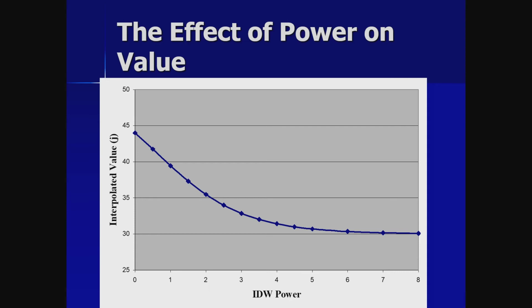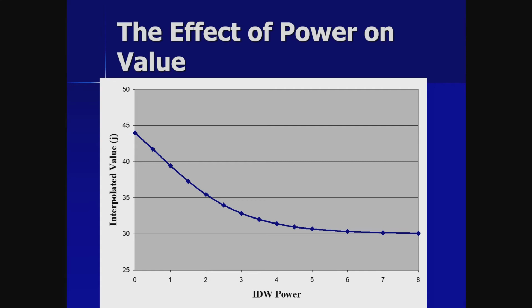Yeah. So as you go out here, you're pushing the points away, and you're stressing the closest point higher. That's why it's converging on a number. So the closest point must be 30 in this case. And so as your power raises, you're getting closer and closer to just doing Thiessen polygons, because you're weighting only the closest point.